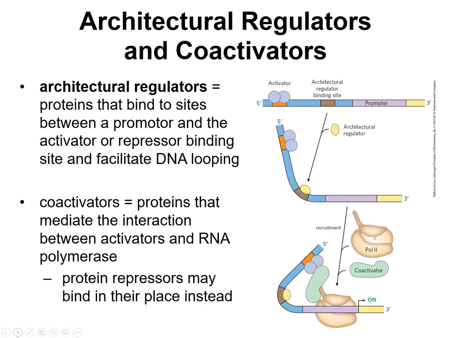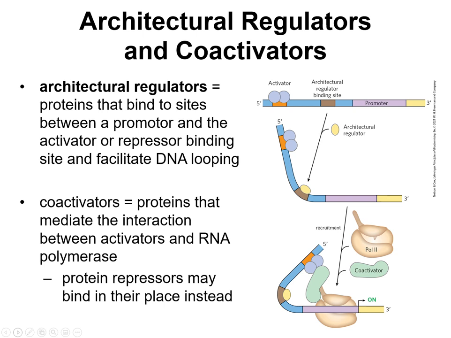So let's talk about some more players, because clearly with eukaryotes, because we have all this stuff happening upstream of the promoter, there's got to be a way for them to come together. Architectural regulators. These are proteins that bind to sites between a promoter and the activator or repressor, and they facilitate DNA looping.